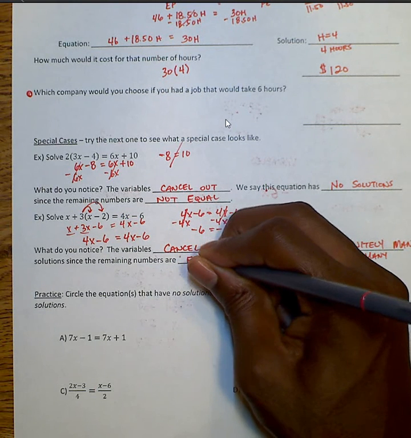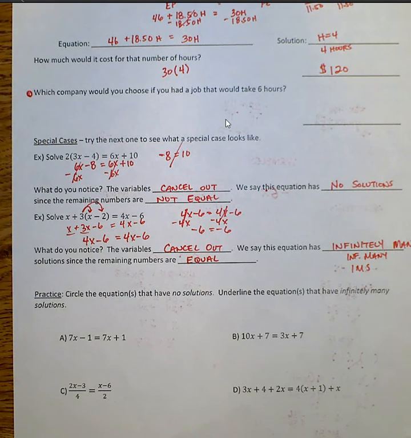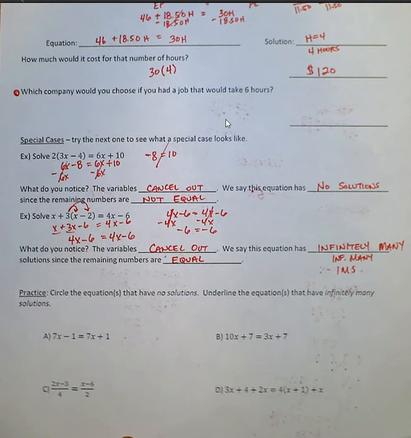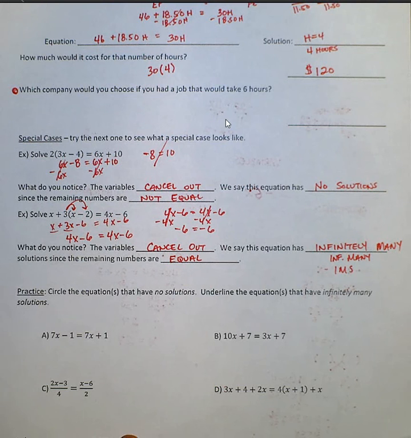So notice with these two special cases, the one special case happens when the variables cancel out and the numbers are not equal. That's no solutions. The other, infinitely many solutions, happens when the variables cancel out and the numbers do equal each other.